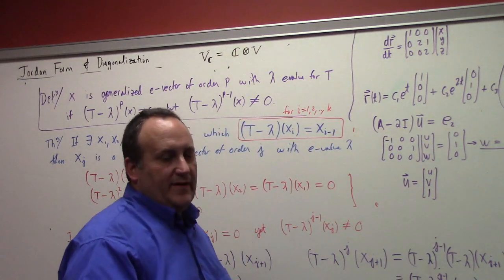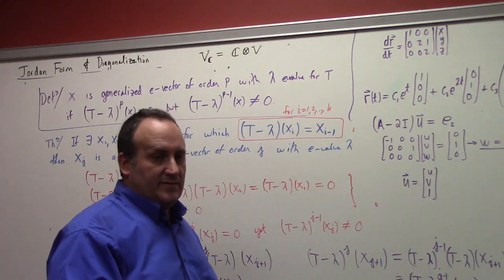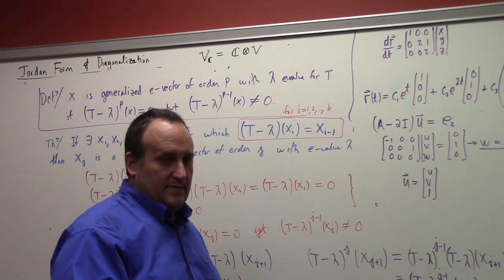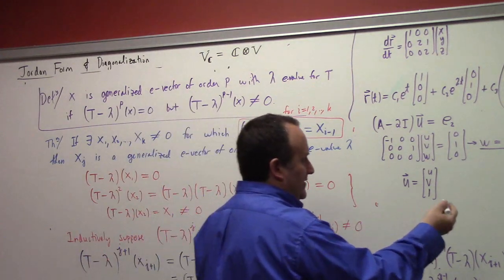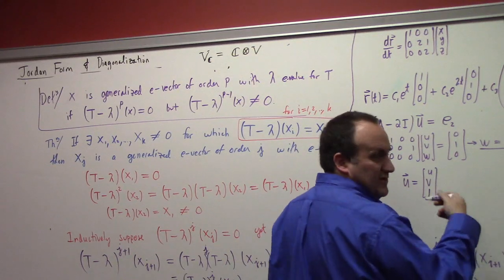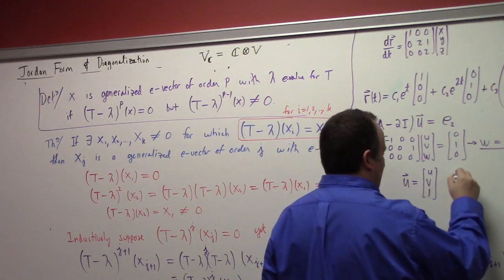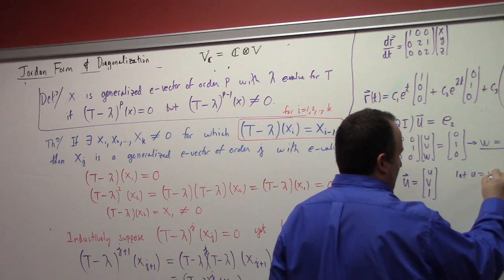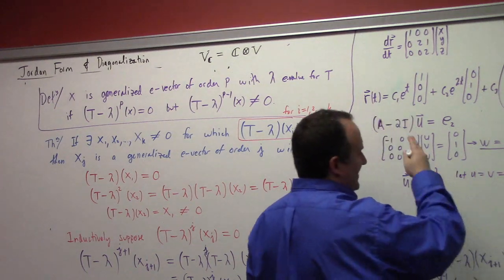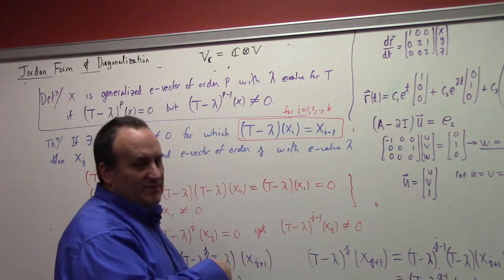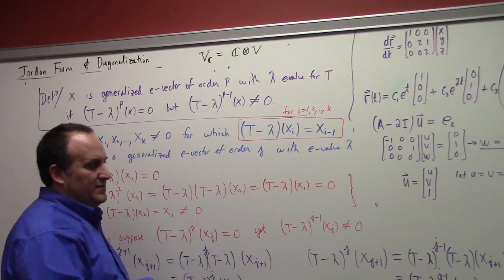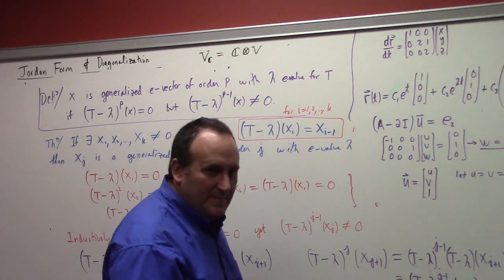So what did we find? We found E1 and E2 were eigenvectors. So, just for reducing clutter, I would say let u equal v equal 0. Because otherwise I'm just adding a copy of the eigenvectors I already have into my generalized eigenvector. It's just nicer to have it E3.